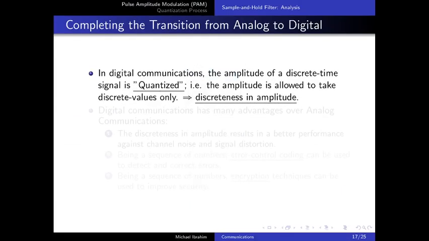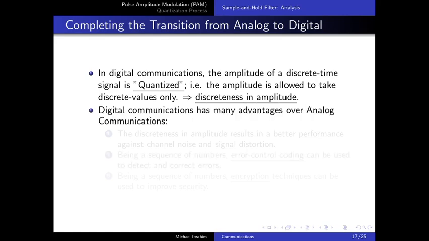So let's go back over here and read it one more time. In digital communications, the amplitude of a discrete time signal is quantized. And the quantization means the amplitude is allowed only to take discrete values. In other words, we're imposing or forcing discreteness in amplitude. And we're going to talk about quantizers in a few minutes from now.